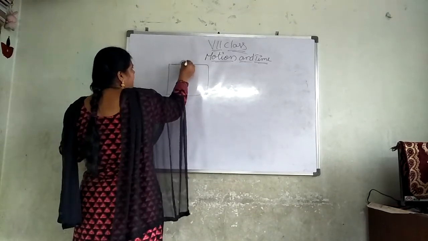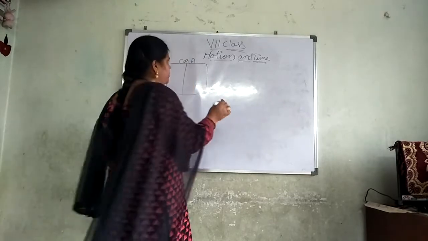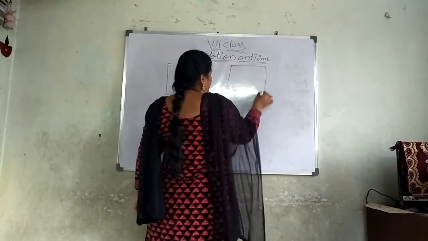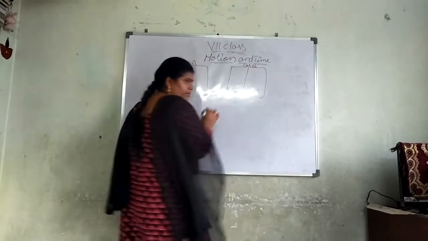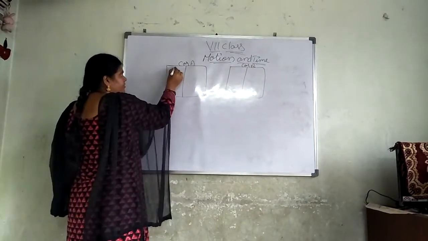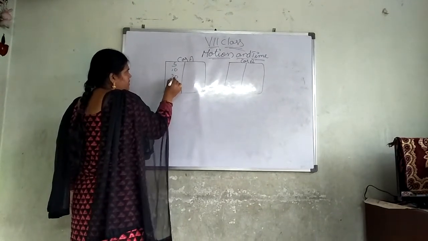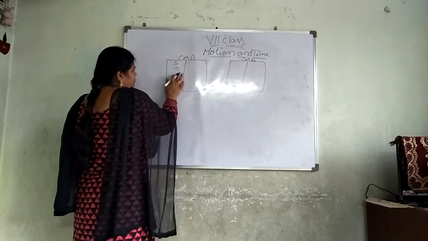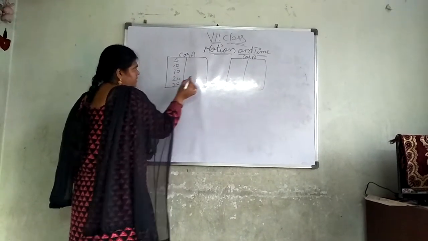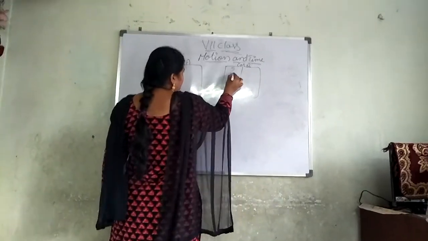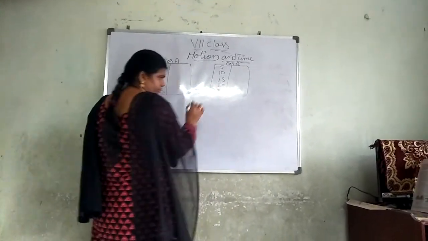This is car A. Car A is in motion. This is car B. See here, 5 minutes, 10 minutes, 15, 20, 25 minutes. Here also 5, 10, 15, 20, 25.